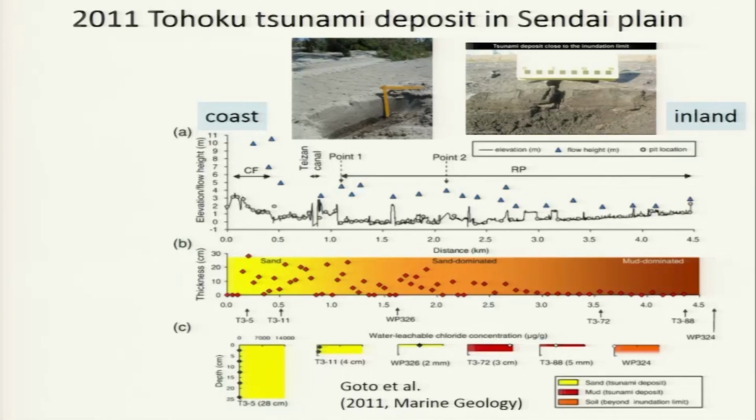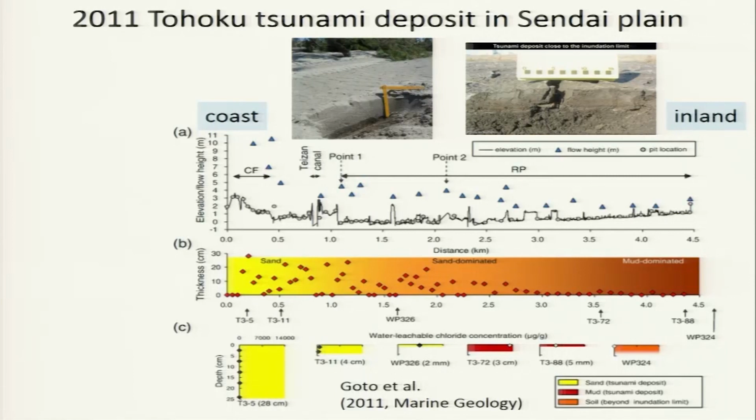And what they found was this: after the 2011 event, they also looked at similar signatures to what we were showing in our slides, that is, they looked for the tsunami deposits. So this shows the inundation of the tsunami and the deposition of the tsunami.